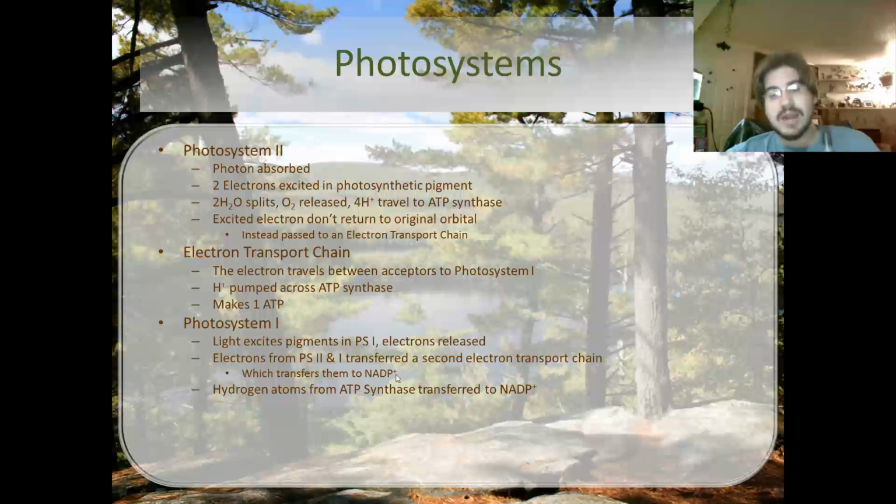Because remember, NADP is an electron carrier. Now, the hydrogen atoms that were pumped across ATP synthase are also transferred to NADP. And so we get NADP plus a couple electrons plus hydrogen making NADPH.